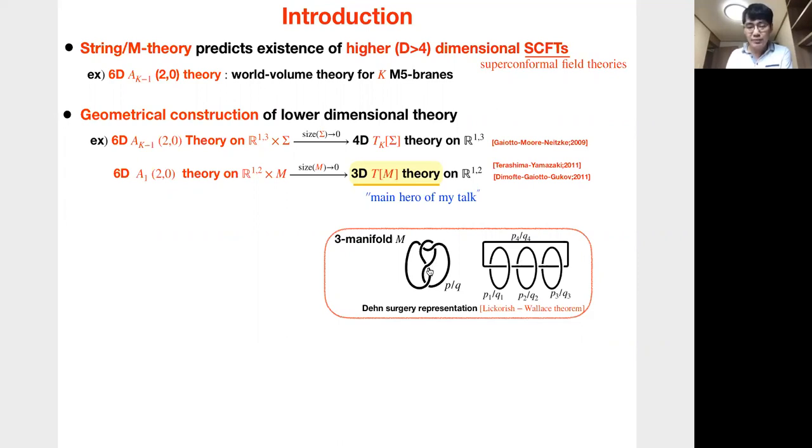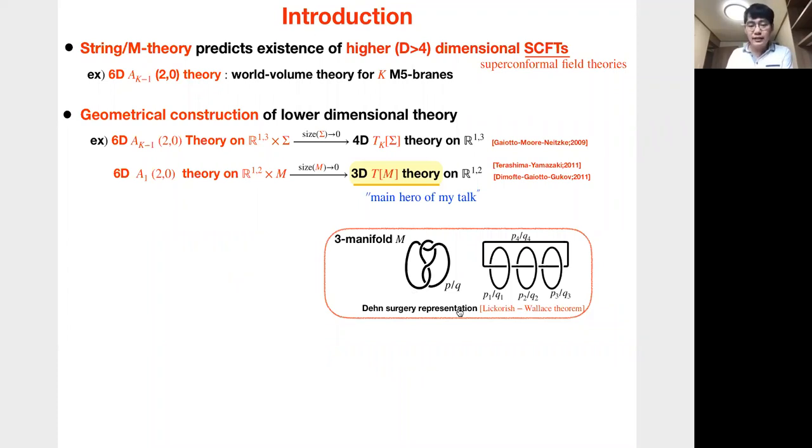If there is one component, that is called a knot. If there are several components, it is called a link. For each component of the link or knot, we associate some fractional number, which is called a slope, which can take values in the fractional numbers, or it can be infinity. Then this will define some three manifold.